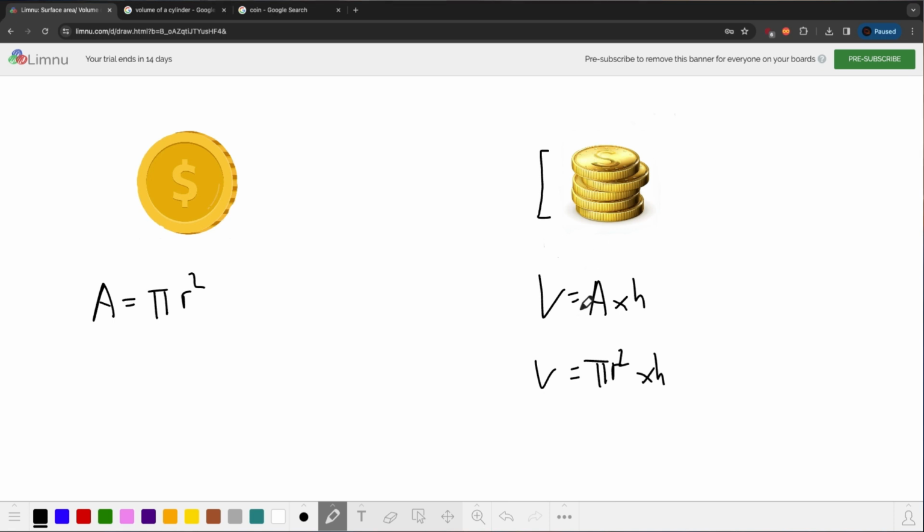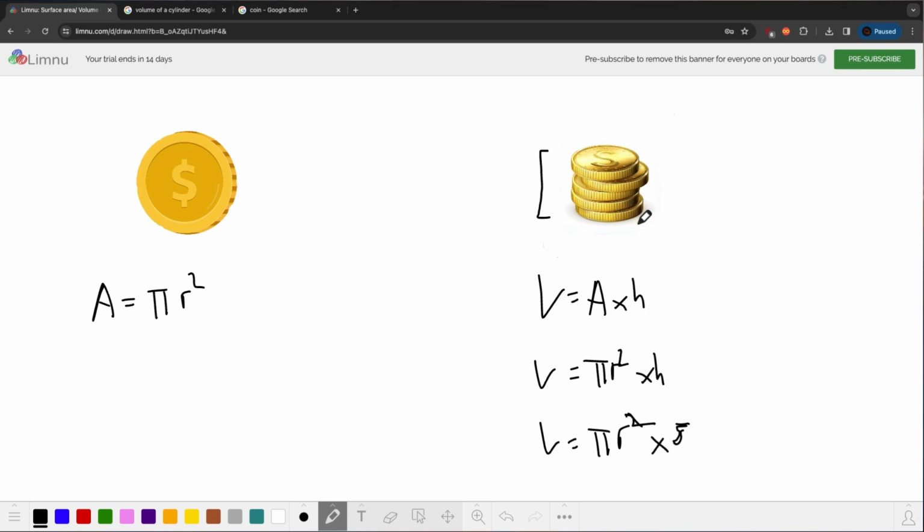So you can just find the area of one coin and times it by 5. And that will find you the volume of these 5 coins. So in this scenario, we can just do pi r squared times 5. That is the volume of 5 coins.